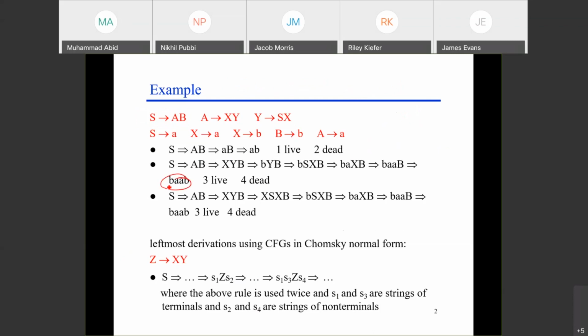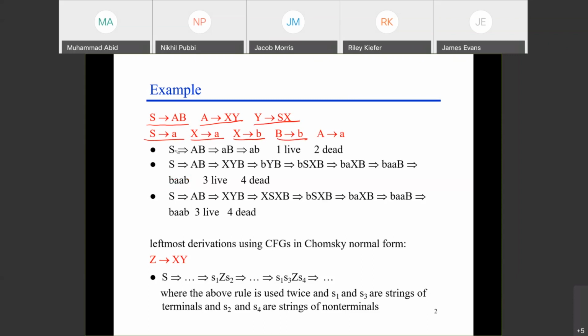We first use this production rule, and then A can be replaced by XY, then X can be replaced by B, and then Y can be replaced by SX, and then S can be replaced by A, and then X can be replaced by A, and then B can be replaced by B. So we use these production rules and we get the word BAAB.